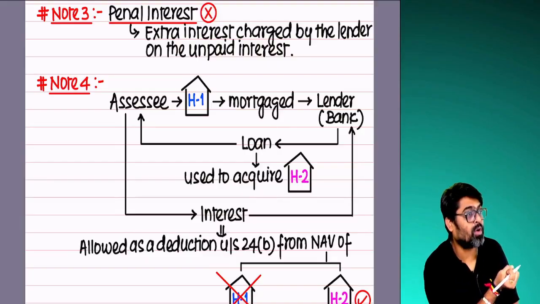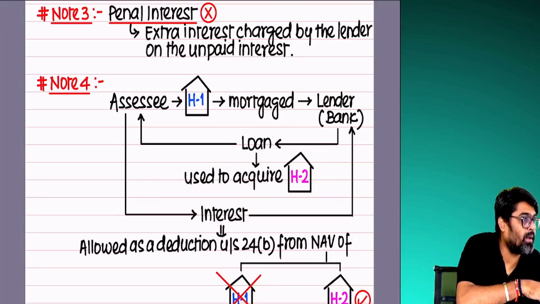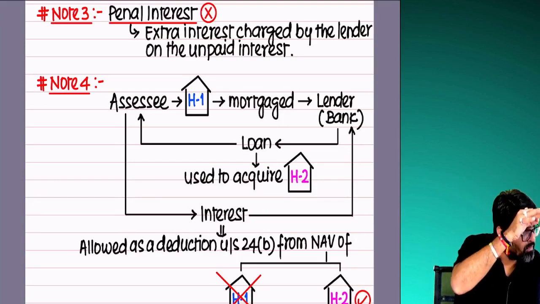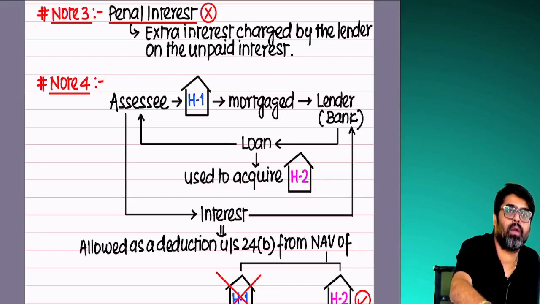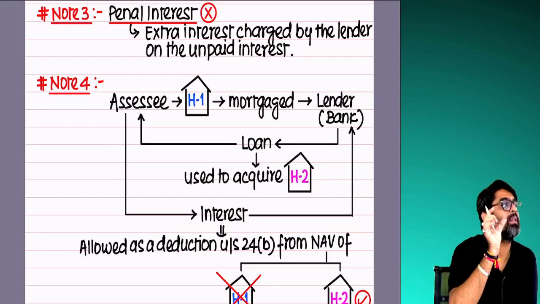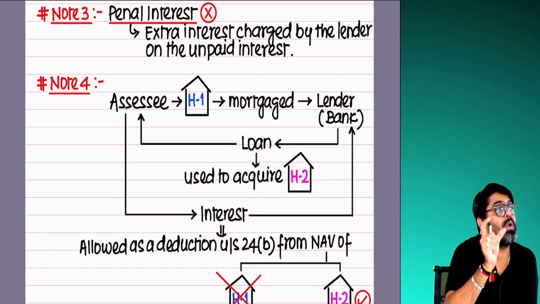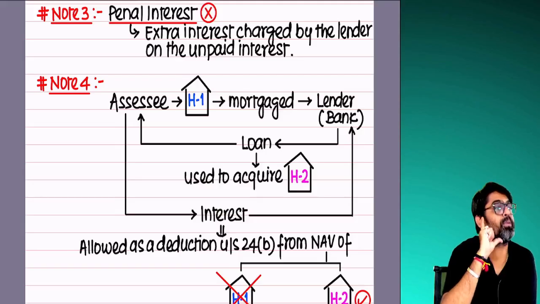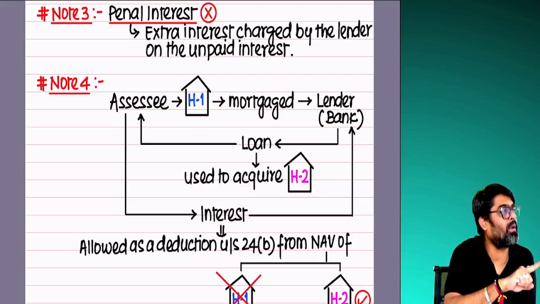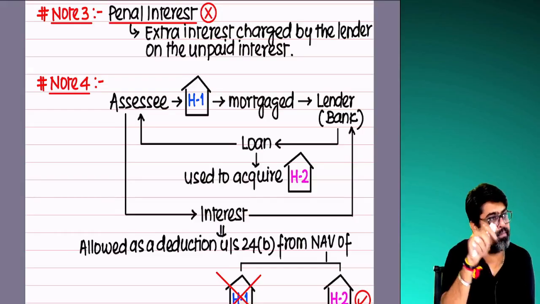Was it used on the Hyderabad property or was it used to acquire the Chennai property? From the annual value of that property only the interest will be allowed. So you are supposed to see for which property the loan amount is used. That is the property from whose annual value you are going to claim the interest.